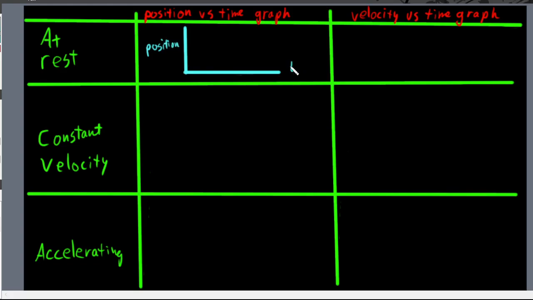And then on this axis here, I have time going by. So in other words, we're going to track the position of the object as time goes by. And we'll do that for an object at rest, for an object with constant velocity, and for an object that is accelerating.